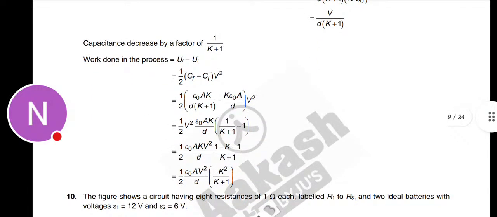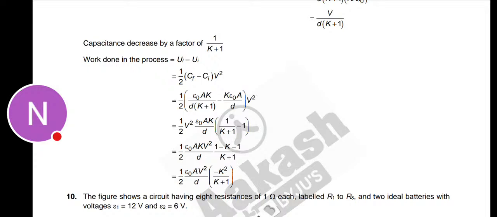Now the capacitance decreases by a factor of 1 by K plus 1. Work done in the process is equal to UF minus UI, that is equal to 1 by 2 (CF minus CI) V squared, that is equal to 1 by 2 epsilon naught A K by d into (K plus 1), and so on with the formula they have given.